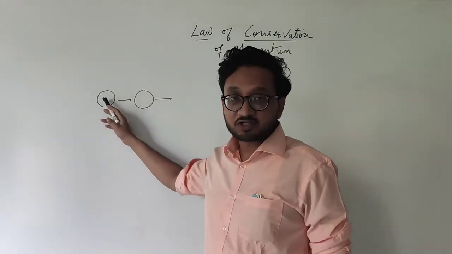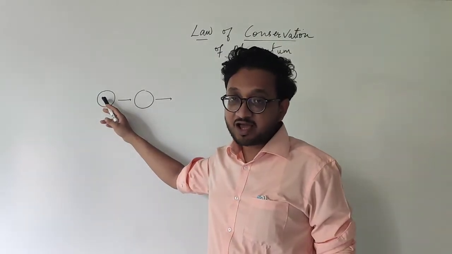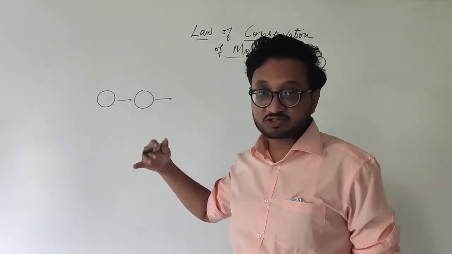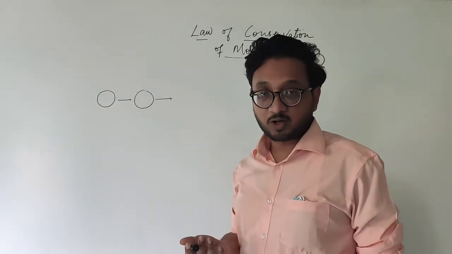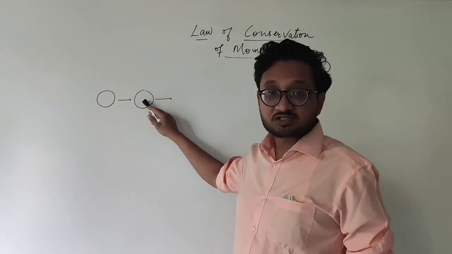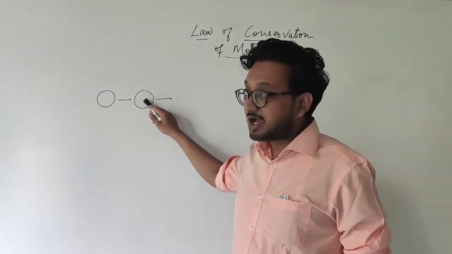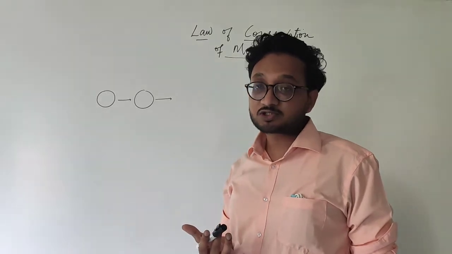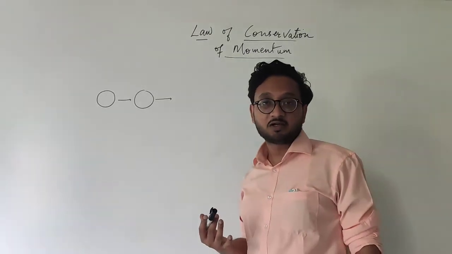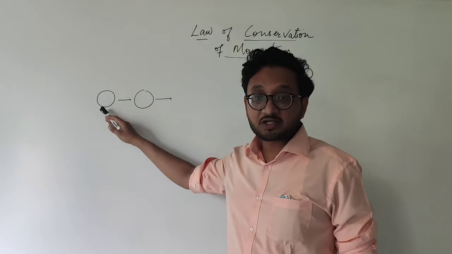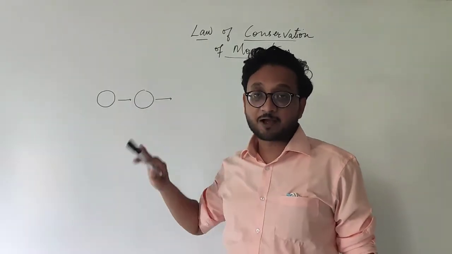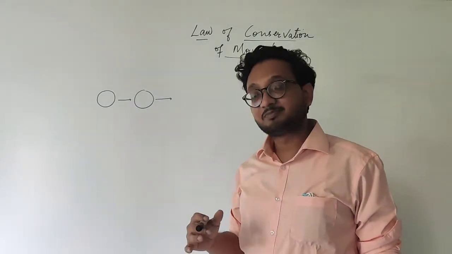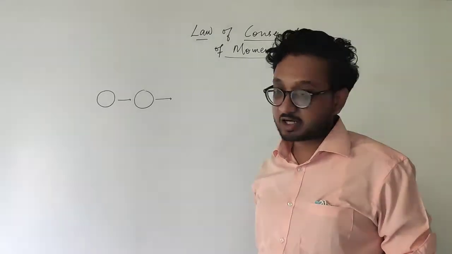So whatever momentum this object had is now going to change, and it is going to have a different one. Similarly, this was having a different momentum, and now its velocity is increased, so once again its momentum is also changed. So the initial momentum for both of these objects has changed to final momentum because their momentums are different now.